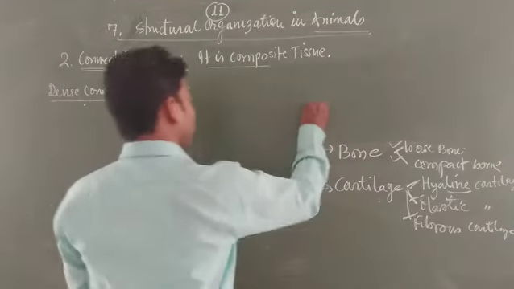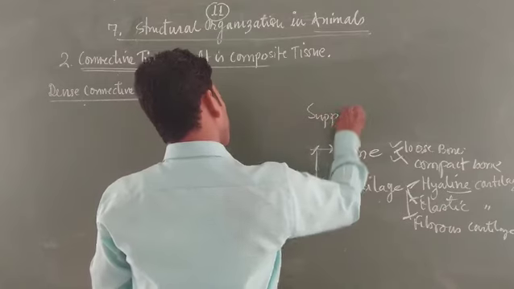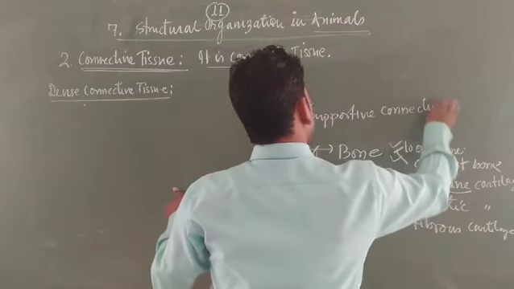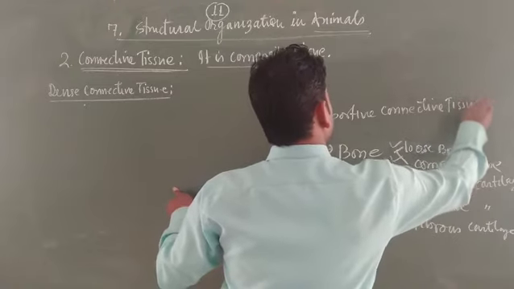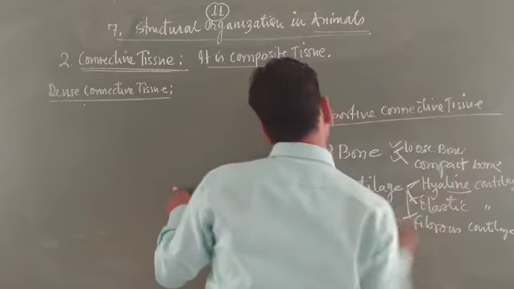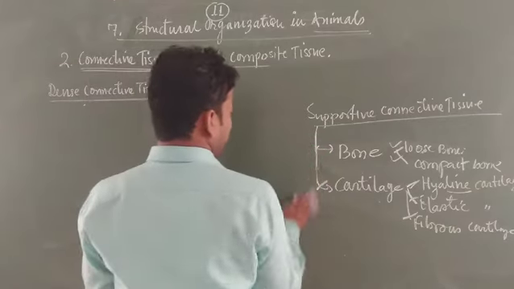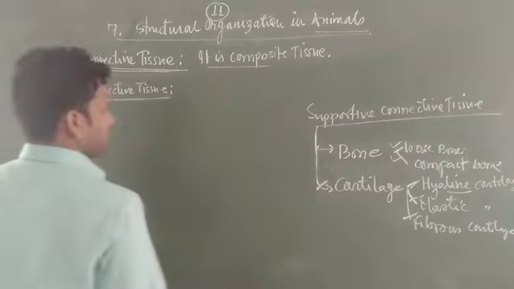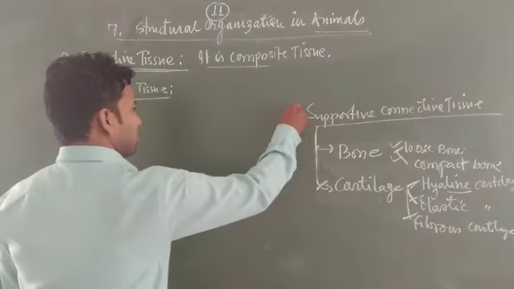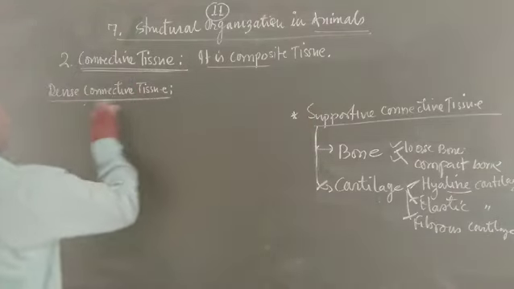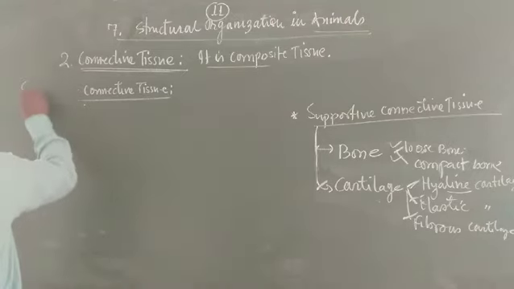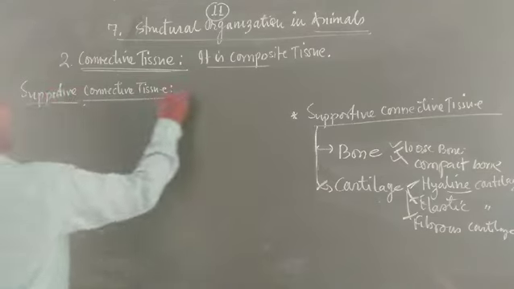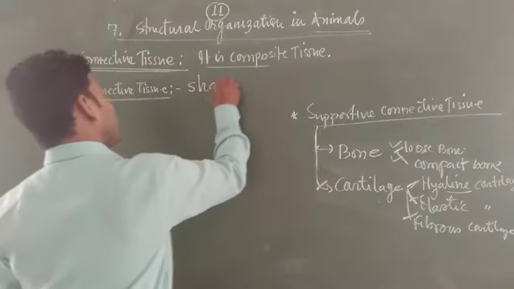Supportive connective tissues are of two types, bone and cartilage. The supportive connective tissues provide support to the body parts, and provide shape.